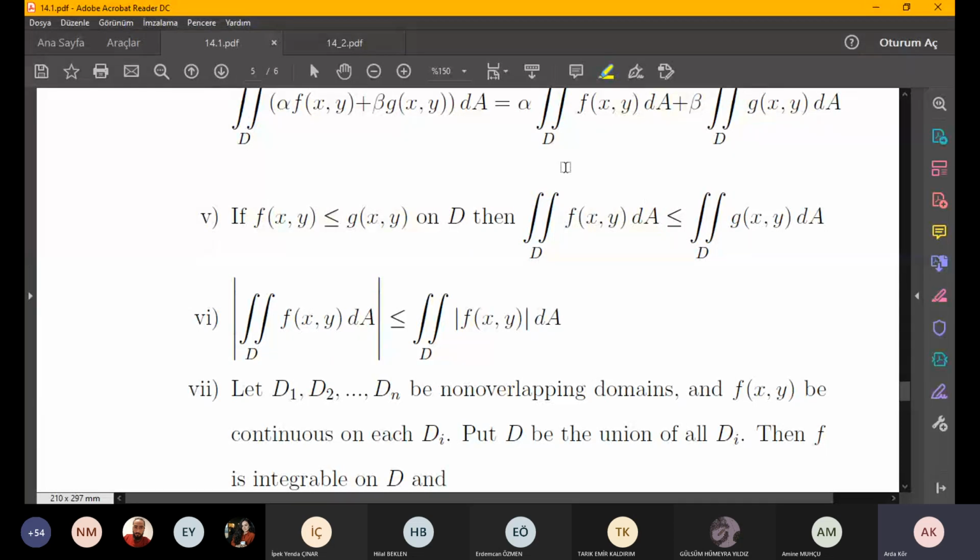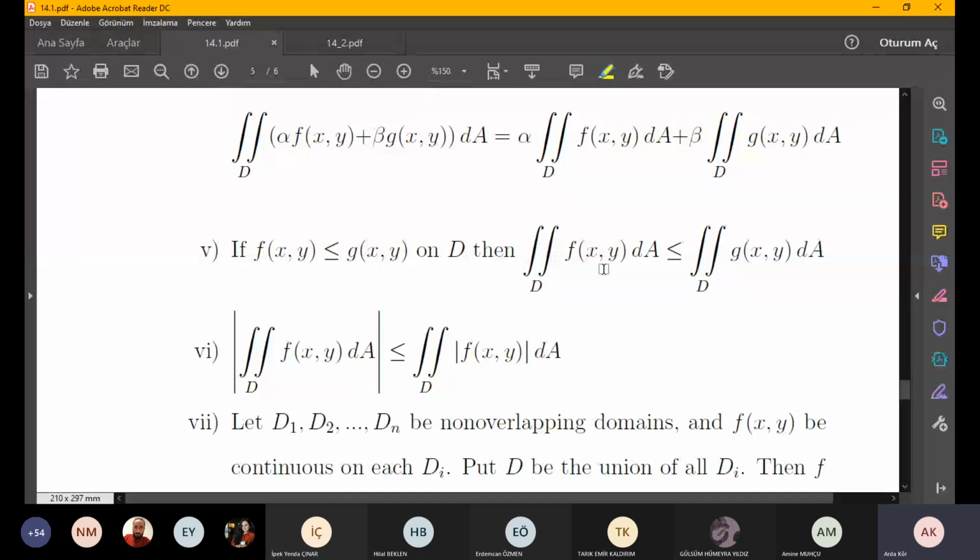So if you just sketch as we did above, suppose f(x,y) is positive, for example, you can sketch another function that you call g(x,y) above f(x,y), and you can see that over the region D, if they have this inequality between them, then the volumes, which are represented by the double integrals, have to be ordered in that way.